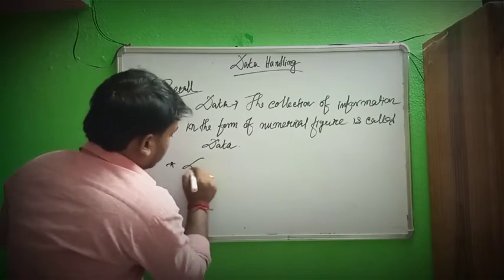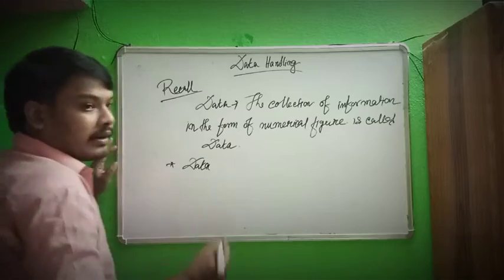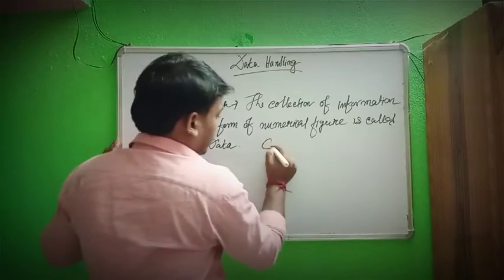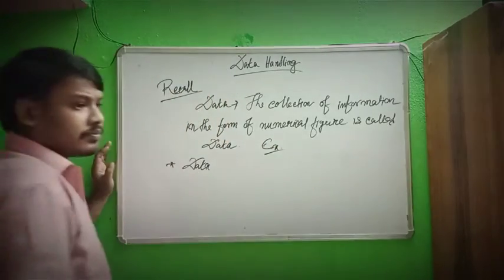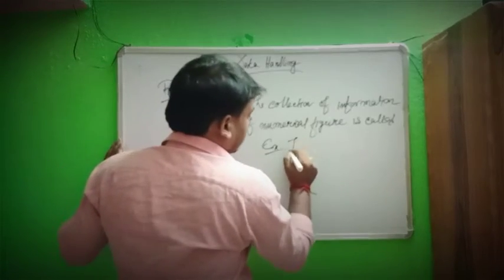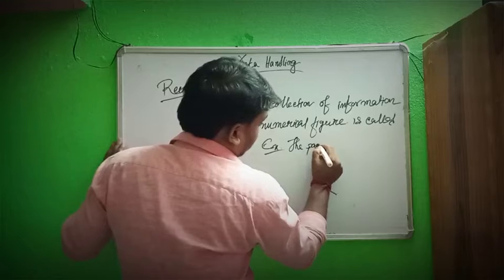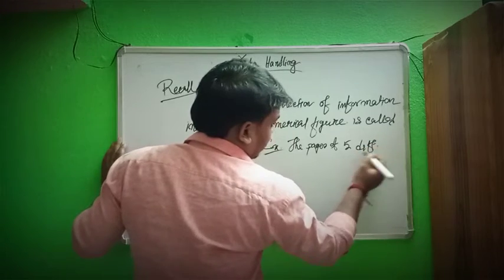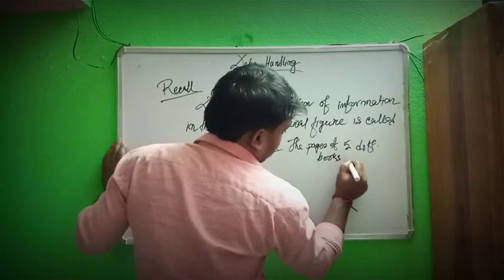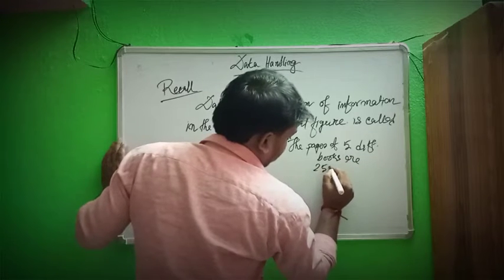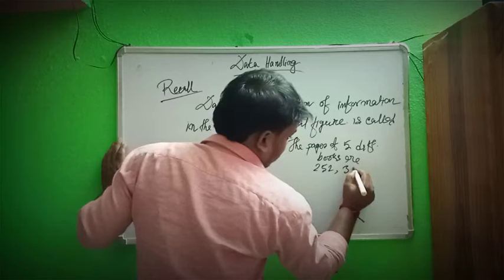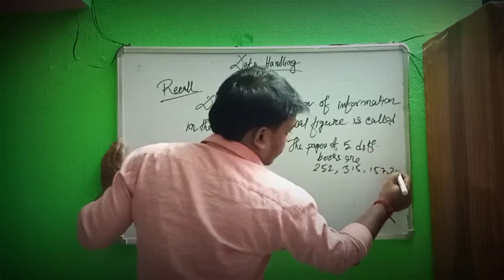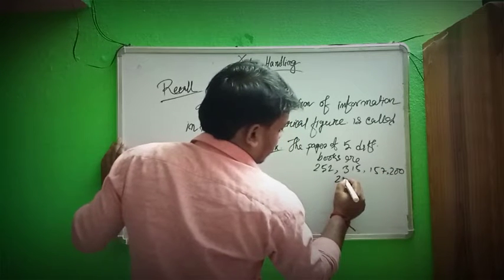One note, here is an example of data. If we collect the pages of five different books, they are 252, 350, 157, 200, 270.